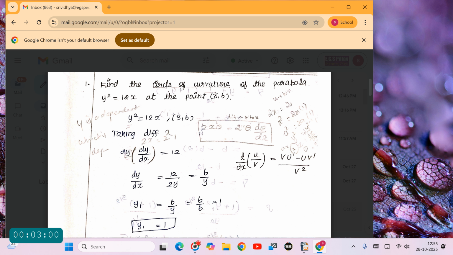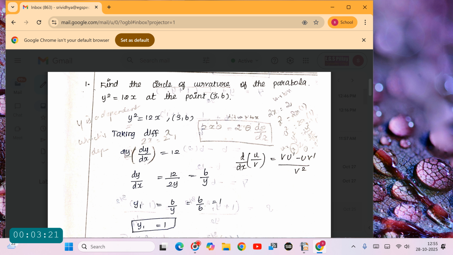So 2y into dy by dx is equal to 12. In the next step, we bring 2y to the right hand side. Then dy by dx is equal to 12 divided by 2y, that is 6 by y. That is y1, which is also represented by dy by dx.